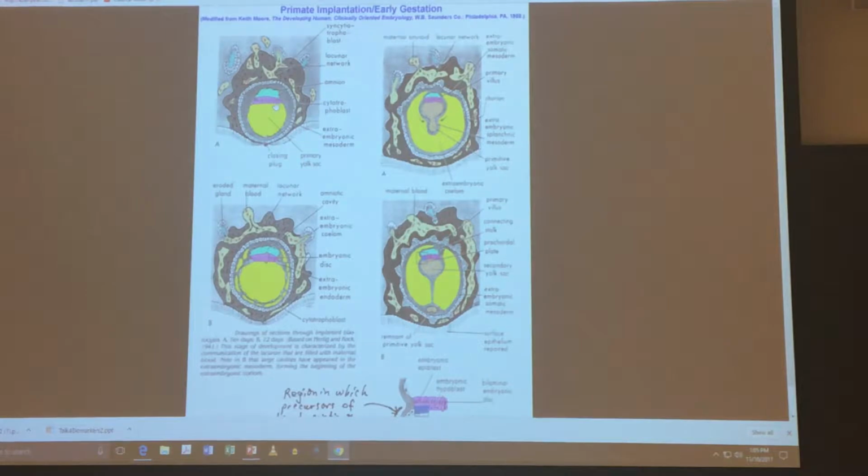What you're starting to see, though, is differentiation in the inner cell mass and the formation of more specialized cavities.